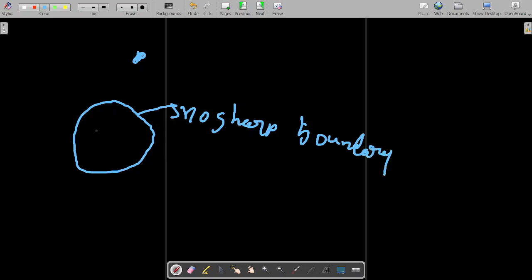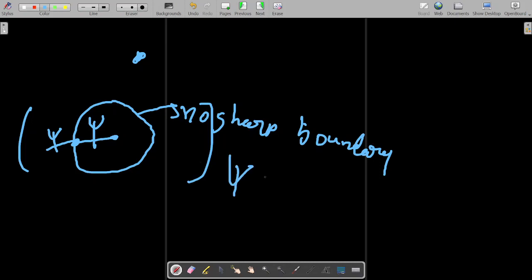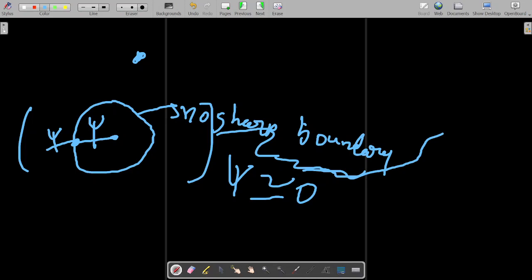And suppose in this nucleus, when I move from here till here, I have some specific wave function psi, but from here onwards the wave function psi starts reducing its value, and from here onwards the wave function psi is almost zero. So over here there is not a finite value, over here there is zero value. It is an infinitesimally small value over here.